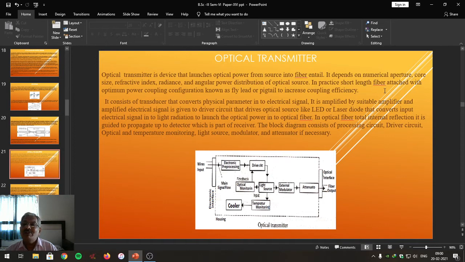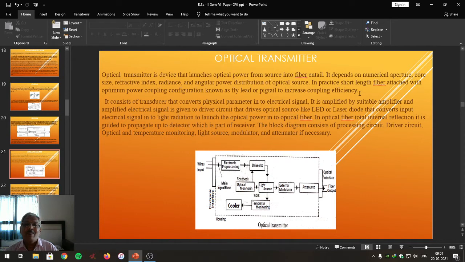If the distance between transmitter and receiver is less, then a short length fiber is capable of carrying the maximum optical light radiation from transmitter towards the receiver. And if such a short length fiber is attached with an optimum power coupling device, that configuration is known as a fly lead or pigtail, which increases the coupling efficiency.